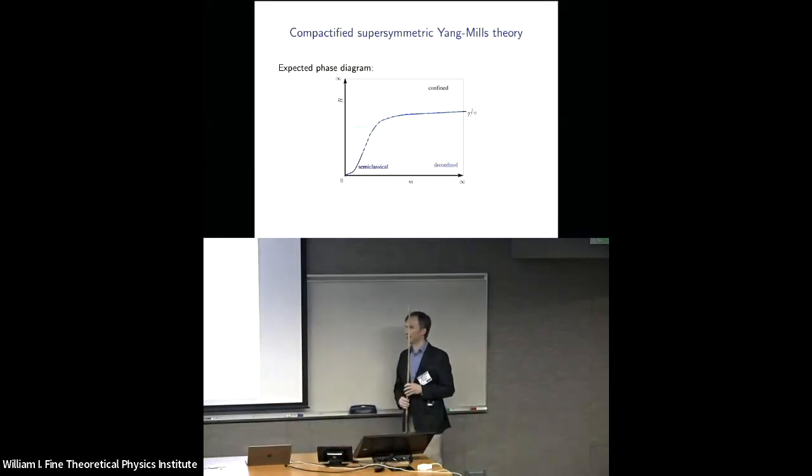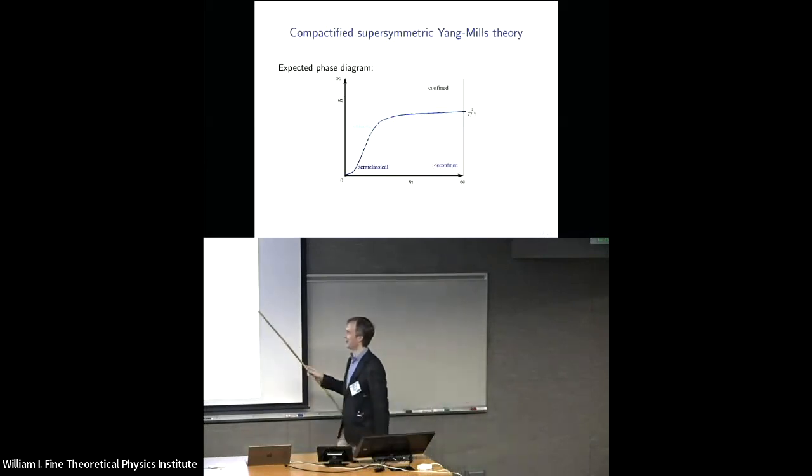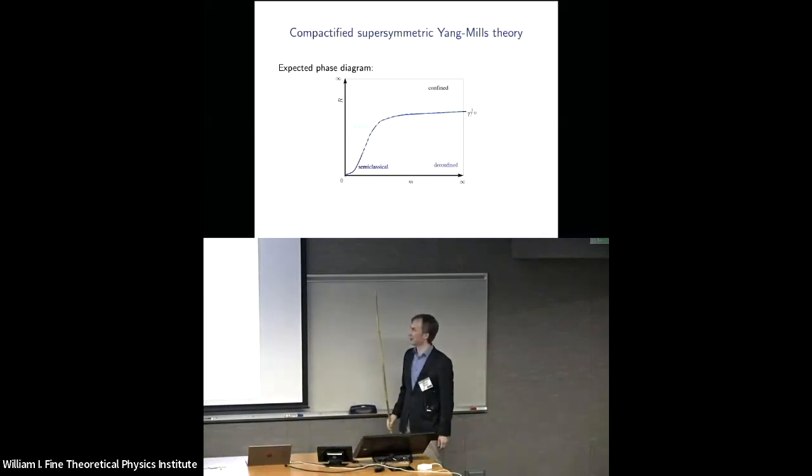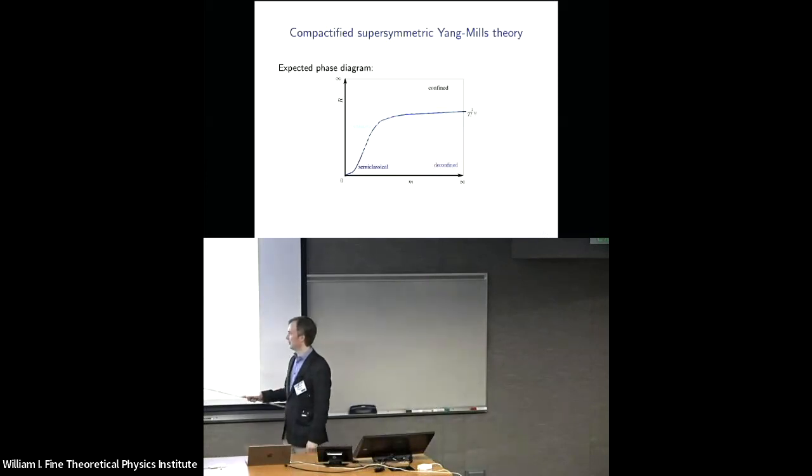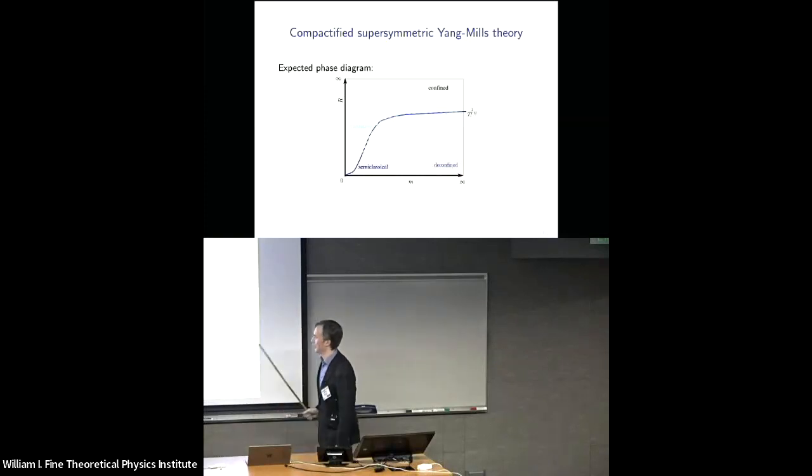And the last thing I wanted to talk about is investigations of this compactified regime of supersymmetric Yang-Mills theory. What you can see here is the expected phase diagram. As I said, the Witten index basically fixes that there is no phase transition down to the semi-classical regime if you compactify the theory.